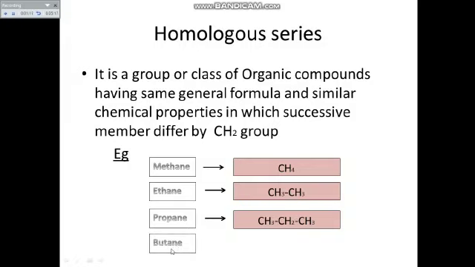Next, butane, CH3CH2CH2CH3. One CH2 is added in this group, so the difference between these two is CH2. So the successive members differ by CH2. In the same way, all the successive members differ by a CH2 group.